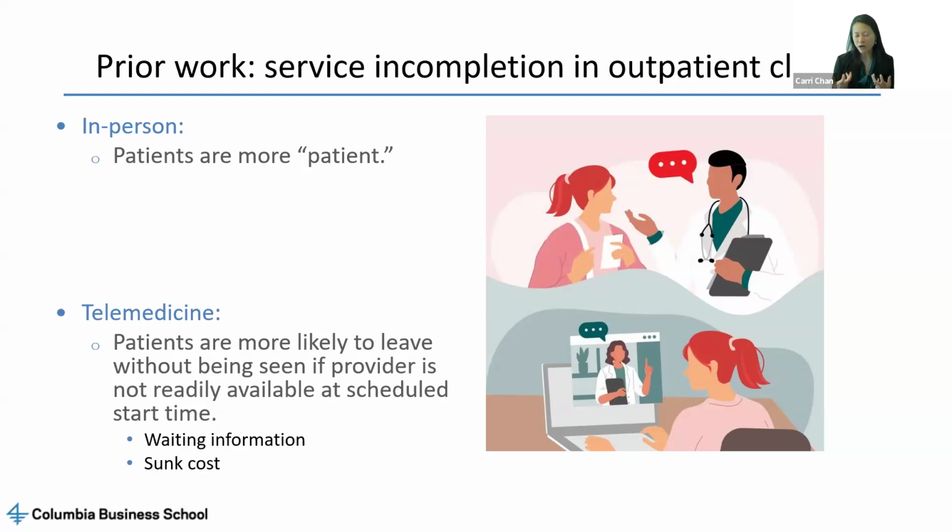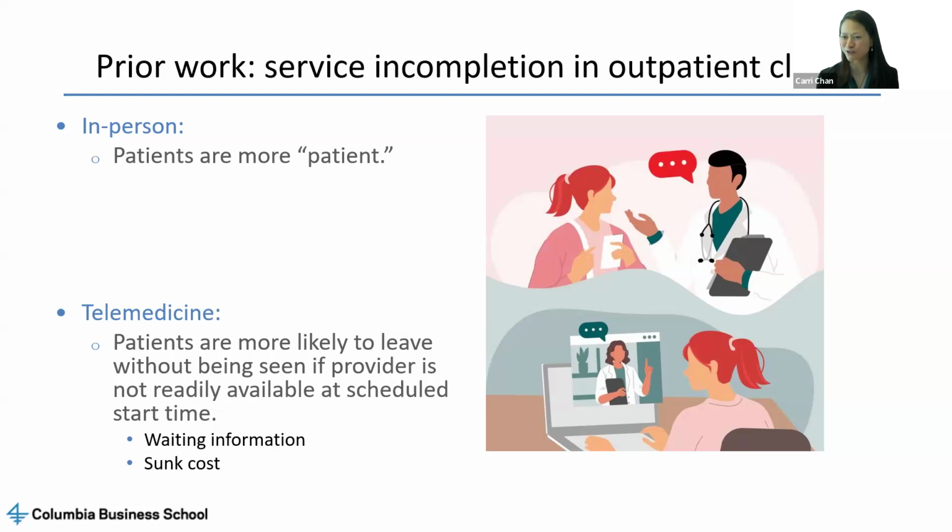And so we wanted to understand a bit better what are these two levers of information or costs, I guess, that could impact patient behavior. And again, motivated by this online environment, is there a way that we could use waiting time information, sharing the queue length?